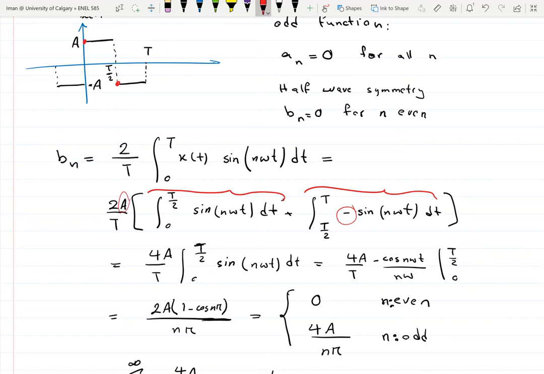Now this here and this here are equal, so I just said this is equal to 2 times the first integral and try to solve that.